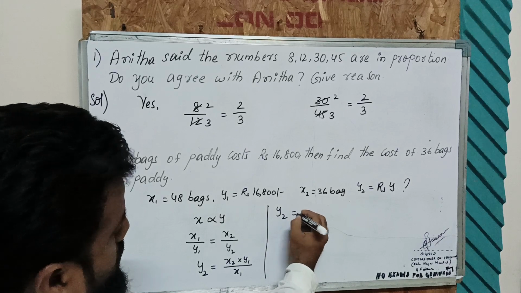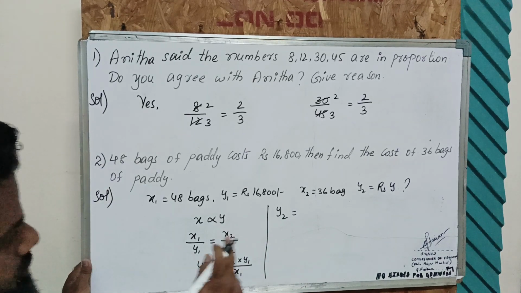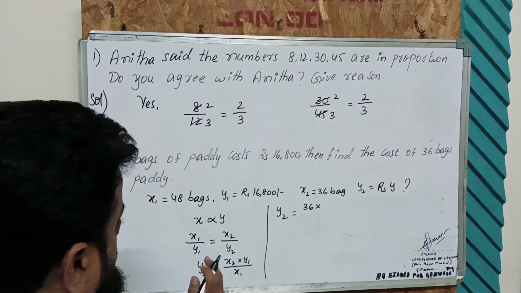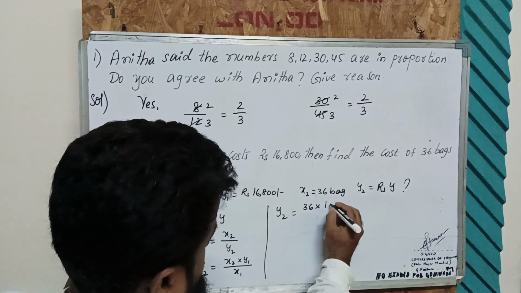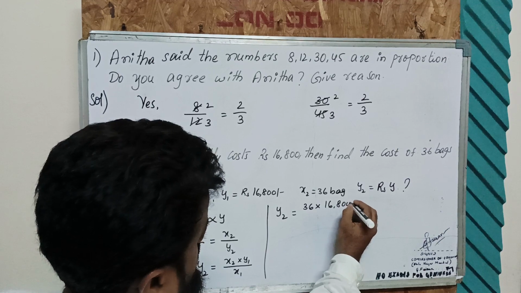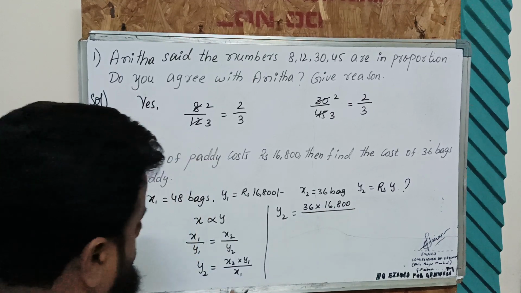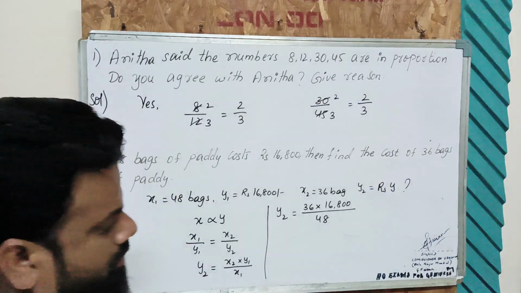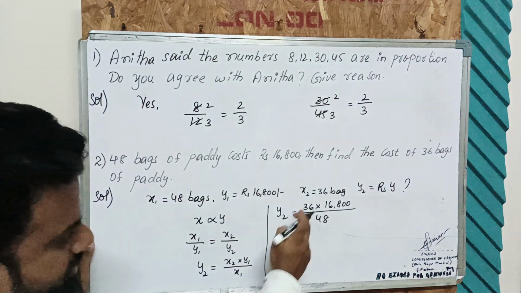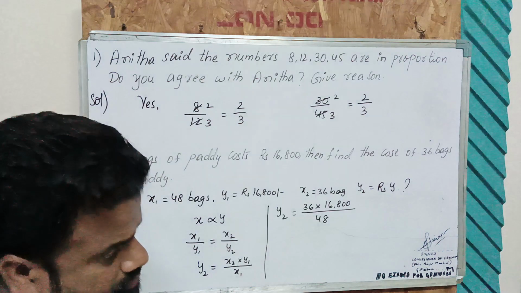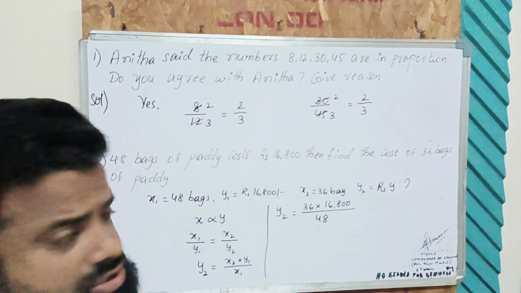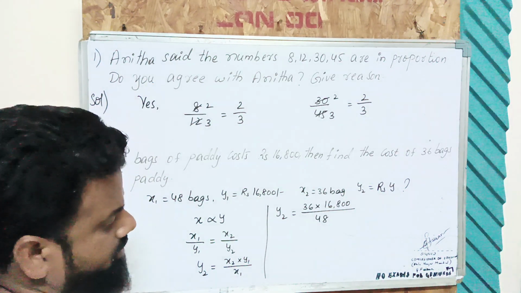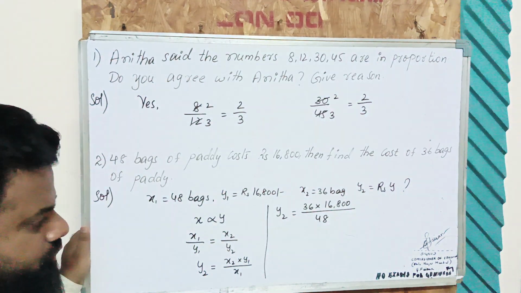Now let's substitute the values. y2 is equal to x2. x2 is what? 36. 36 into y1. y1 is what? 16,800 divided by x1. x1 is 48. Now if you see this, 36 and 48, they both come into the same table, that is of 12.